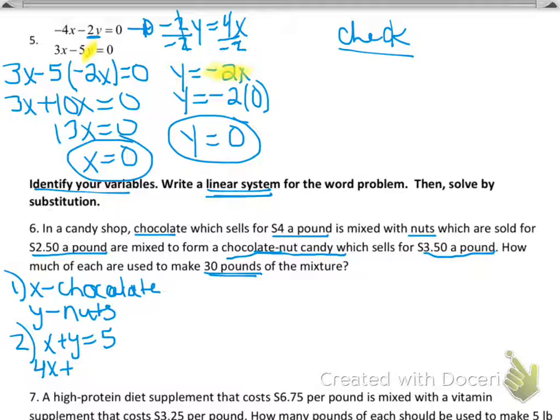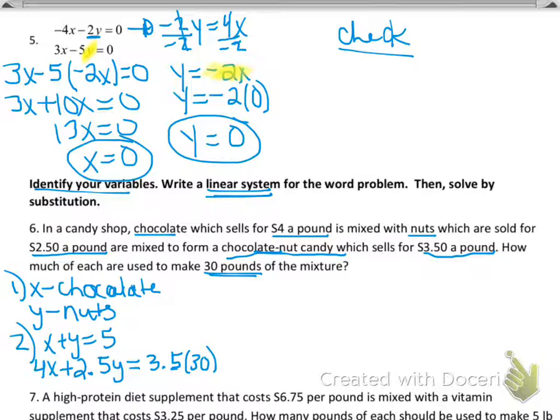And y was the nuts, which are $2.50 a pound. So $2.50y. And then I'm going to set that equal to $3.50, but it's per pound. And I want 30 pounds, right? So it's going to actually be $3.50 times 30.